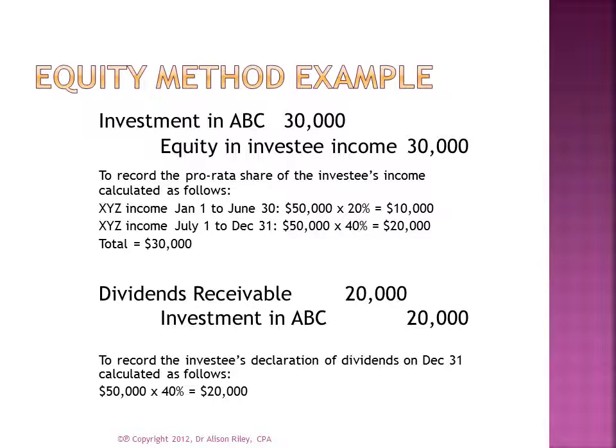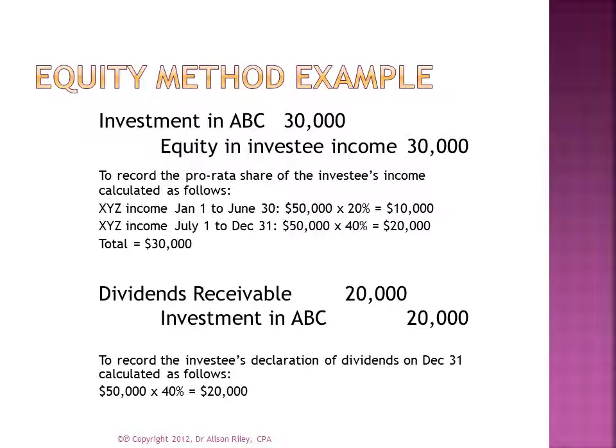Note that because ABC only owns 40% of XYZ, its share of XYZ's income is in any case limited to a maximum of 40%. Notice also, though, that ABC's share of XYZ income is also limited to the portion of XYZ's fiscal year that ABC owned XYZ stock.